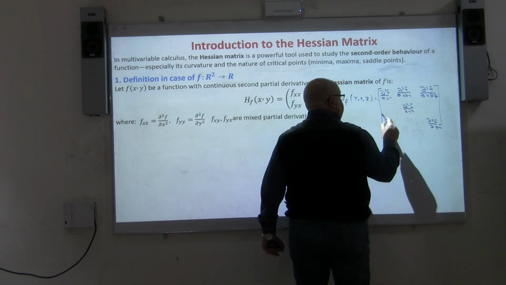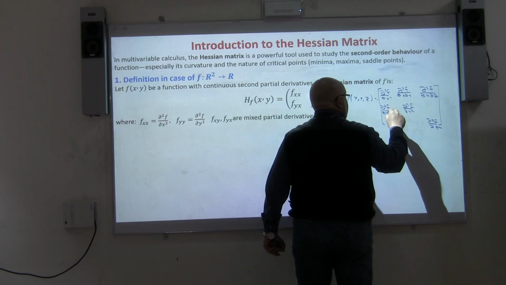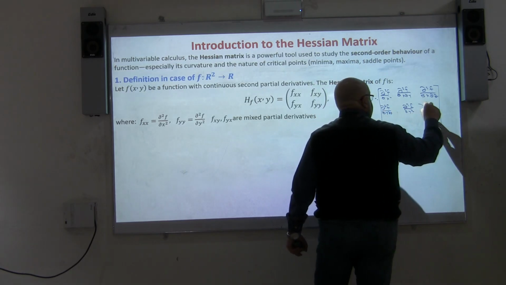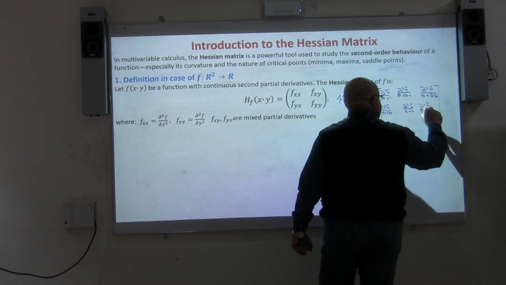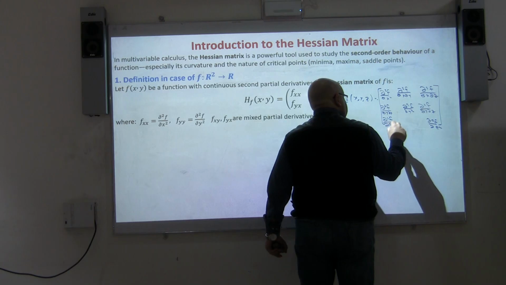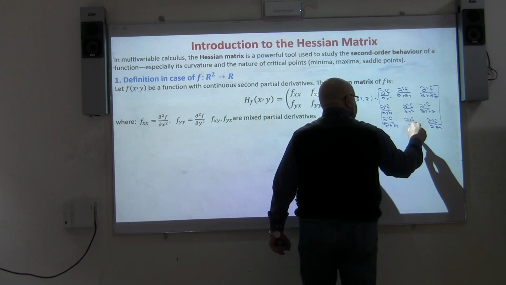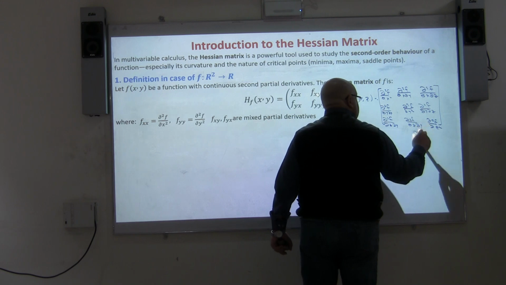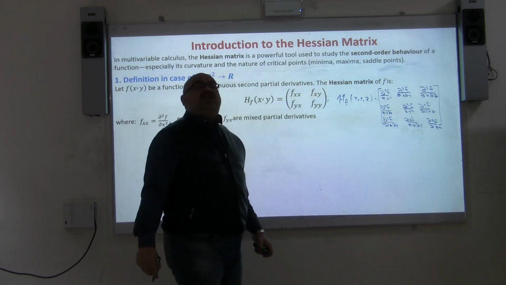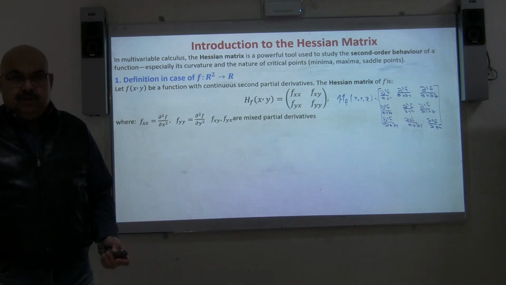And in a similar manner, partial 2f partial y partial x, partial 2f partial y partial z. Then partial 2f partial z partial x, partial 2f partial z partial y, as you can see. That's the shape of the Hessian matrix in 3 dimensions.